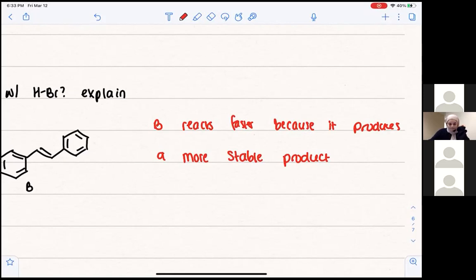Mm-hmm. That's one that I most definitely see Dr. Dowdy asking you guys on. And know that it can do carbocation rearrangement. Keep that in mind because he can definitely ask a question like that.